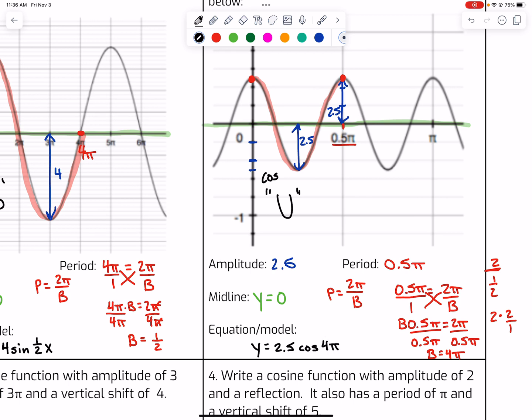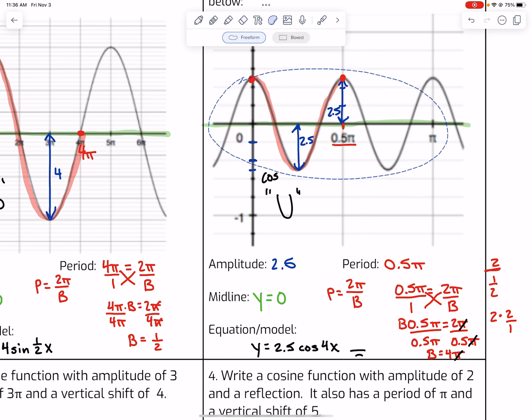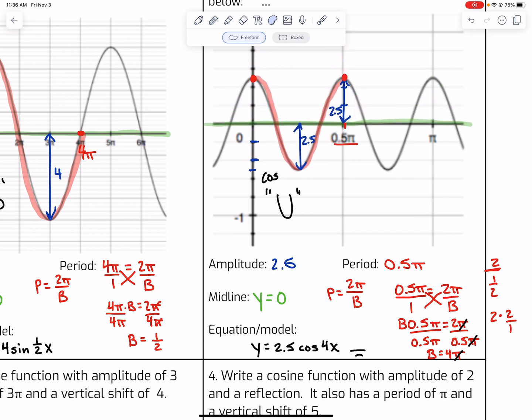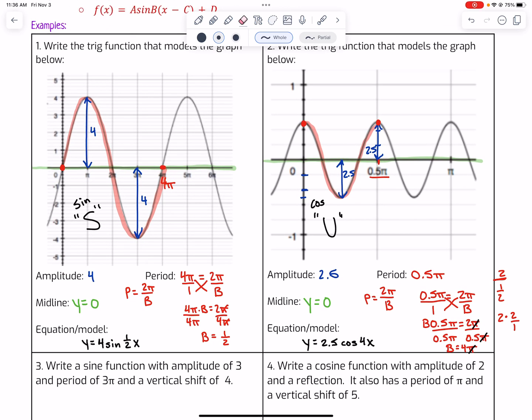Actually, the pi cancels out, so it's actually just 4. So let me adjust that. 4, and then x. And then I would have a value back here if my graph had shifted up or down. So if it had shifted up or down, the midline would have moved up and down. But in this case, it's just still at 0. So we don't have a value for the d, but that's okay.